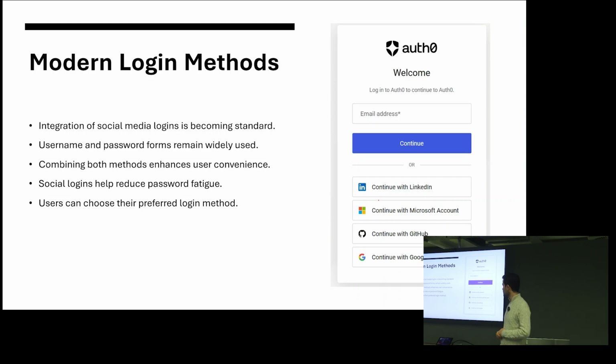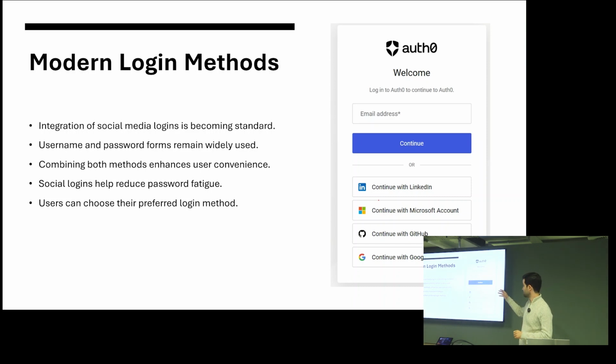And as a developer, I trust all these identity providers. So if they say this user is genuine, it means that I can trust that the logged in user is genuinely who they claim to be, rather than just using a simple password. So we have to implement this new mechanism for our login.